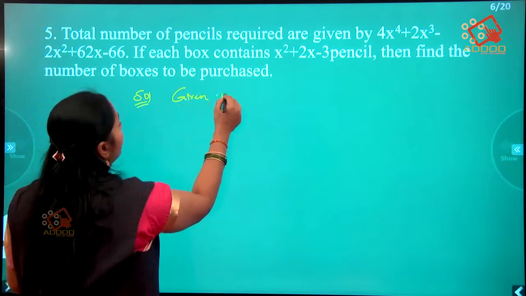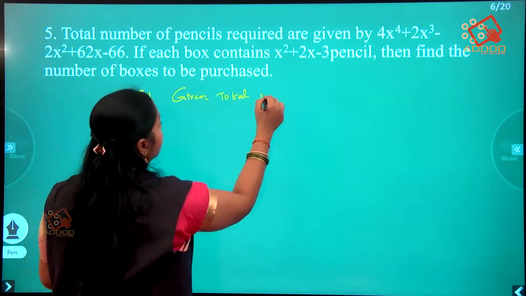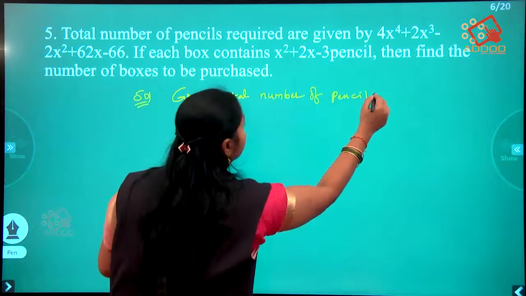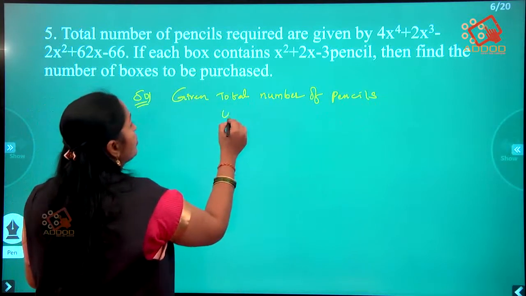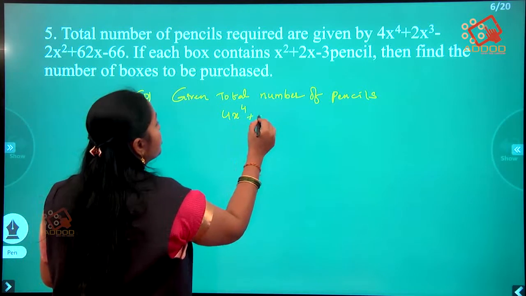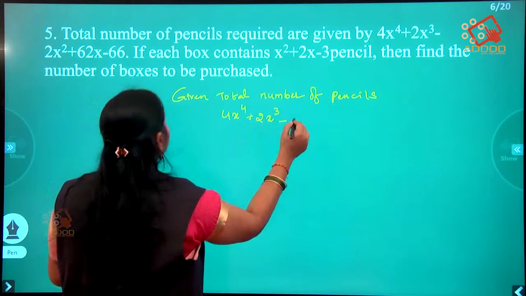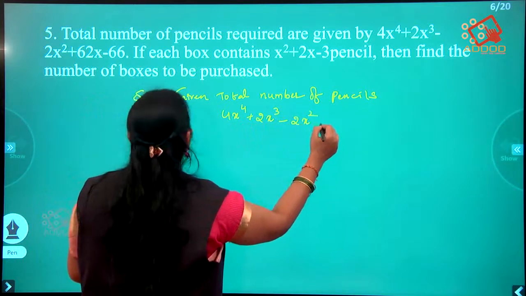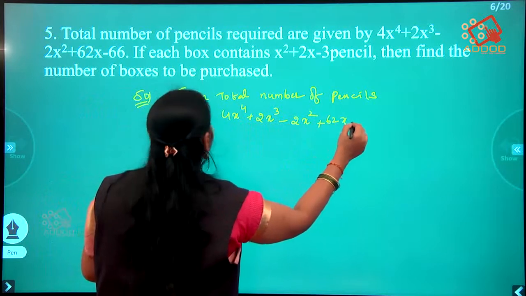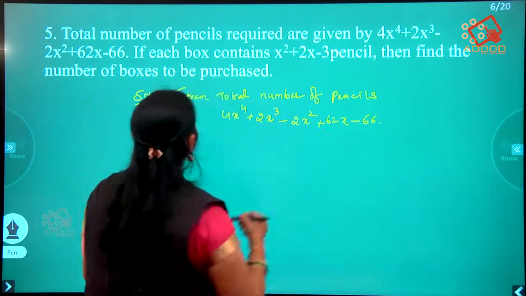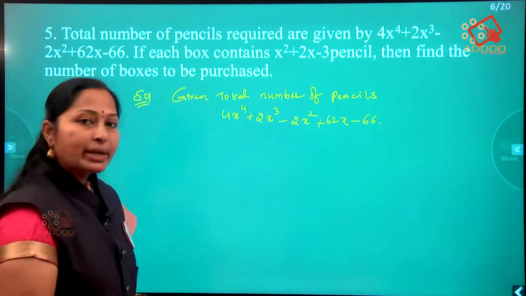Given total number of pencils: how much is it? 4x power 4 plus 2x cube minus 2x square plus 62x minus 66. In each box how many pencils are there?